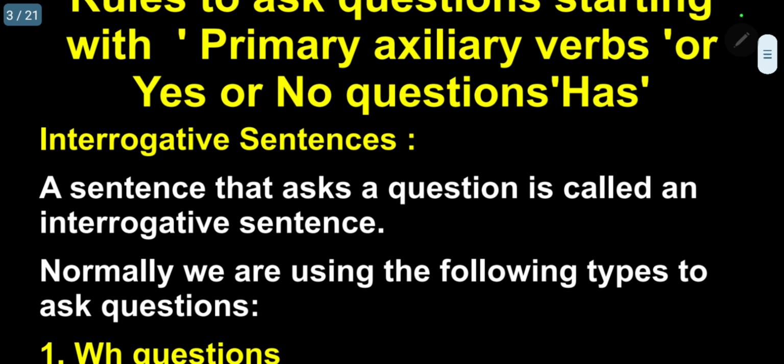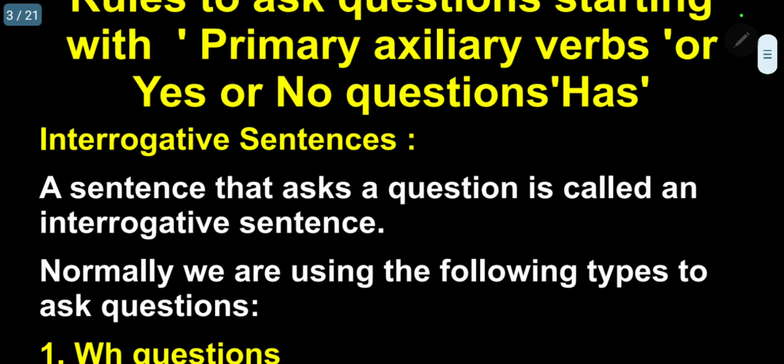Normally, sentences can be classified in a number of ways. One way I can classify sentences is as 1. Simple sentences, 2. Interrogative sentences, 3. Imperative sentences, and 4.